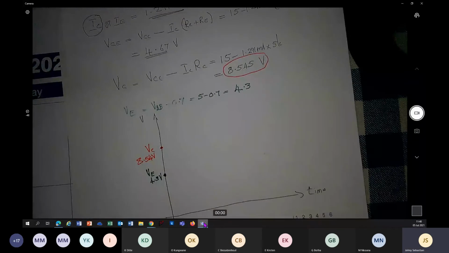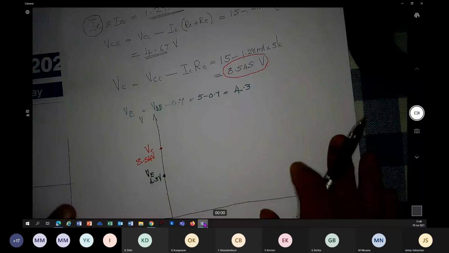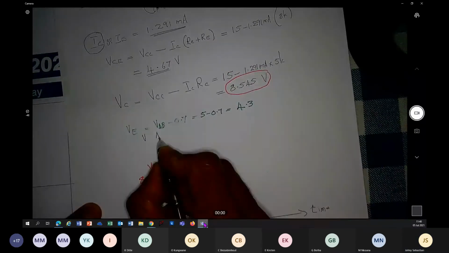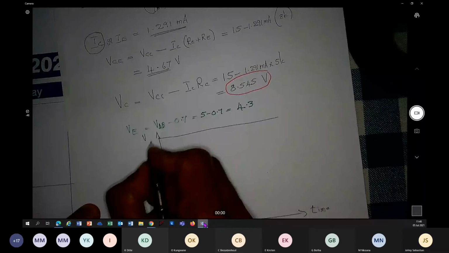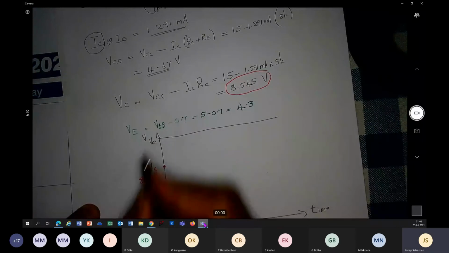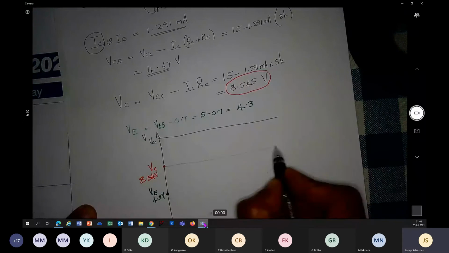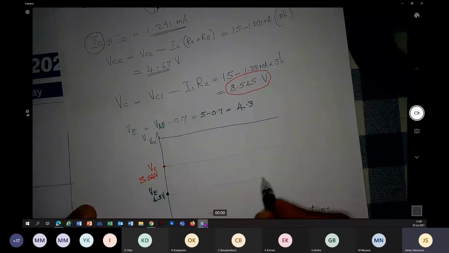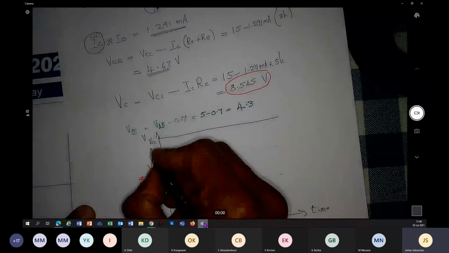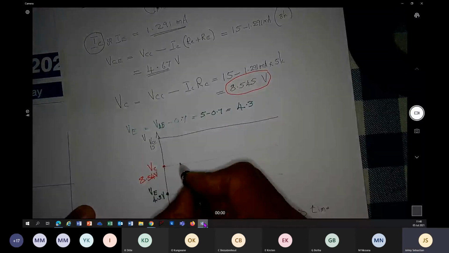Now, what is other point? Important point is your supply voltage. How much was it? 15 volt. That is your VCC. This is voltage at the collector. This is voltage at the emitter. So from 8.54, this signal can swing up to 15 volt.